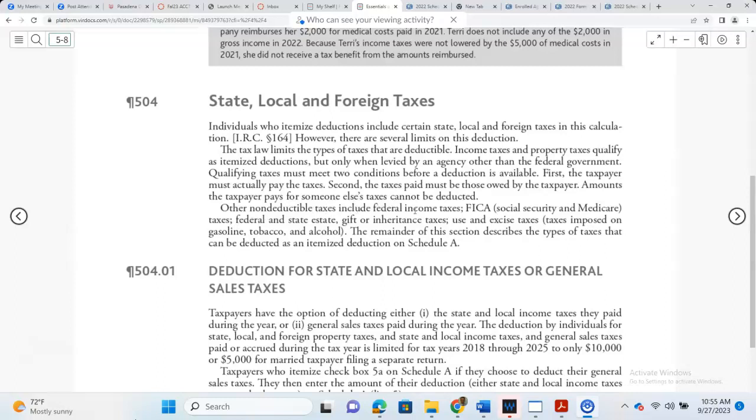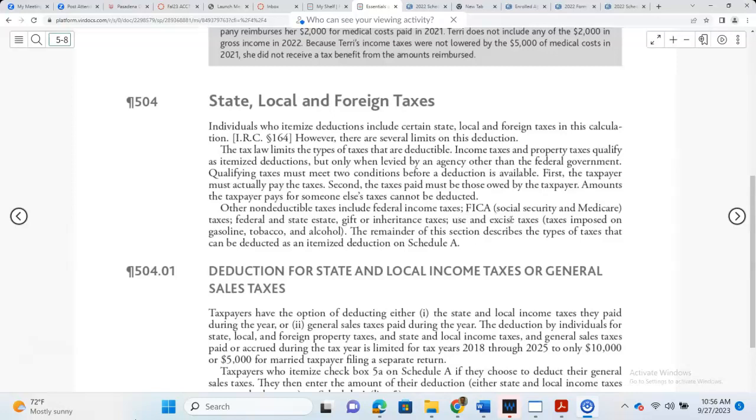Other deductible taxes include federal income tax, FICA, Social Security, Medicare, federal and state gift or inheritance taxes, use and excise taxes.